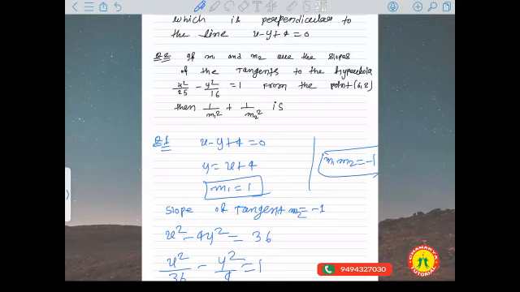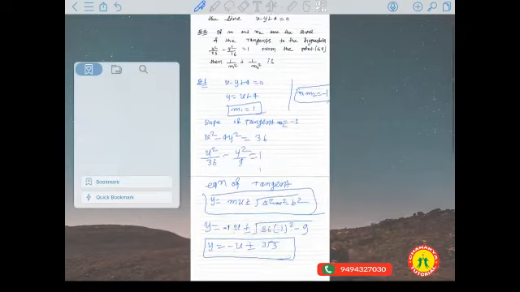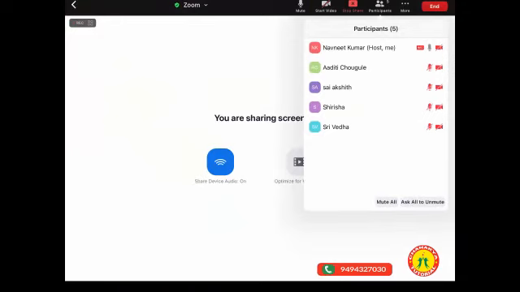Aditi, is (6, 2) inside the hyperbola or outside the hyperbola? Please do that, everyone.